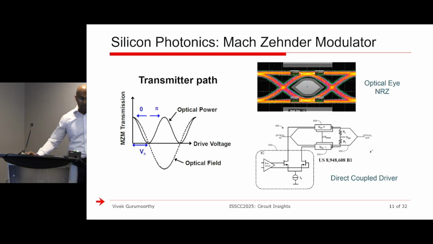And the plot here on the left is a plot of the output characteristics of this MZM. We call this the V-pi plot. It just shows how, when you apply an electric field, the optical power is getting modulated, and how the optical field is being generated. Let's not go too much into the details of this, but this plot is just to show what the characteristics might look like.